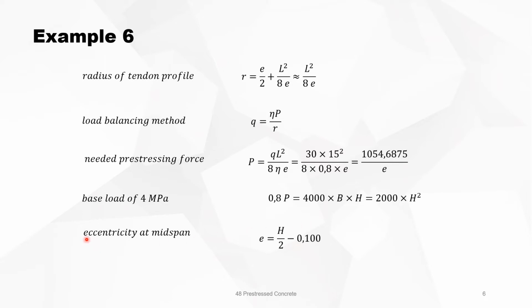And the eccentricity at midspan, we know it is H over 2 minus the 10 centimeters. So now we have an equation for the needed pre-stressing force, an equation for the base load, and an equation for the eccentricity at midspan. From those three equations, we can say what the minimum height of the beam is.